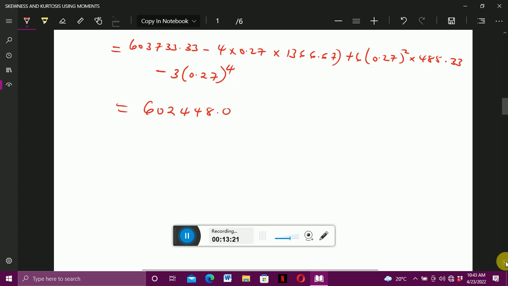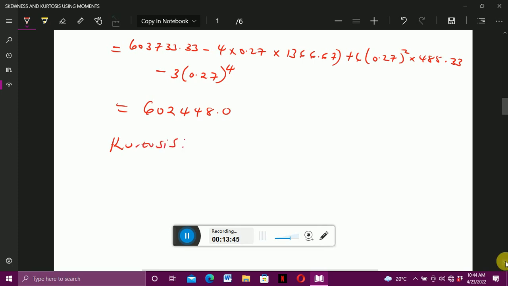So now we have the second moment. We know the first moment is always 0 about the mean. We have the second moment about the mean. We have the third and the fourth. We can start by investigating the peakedness or the kurtosis. So let's write kurtosis here.